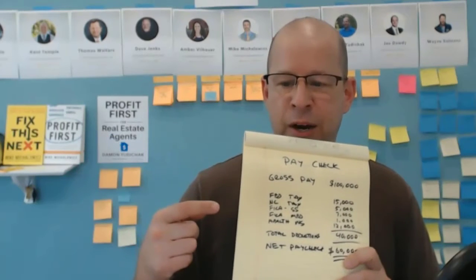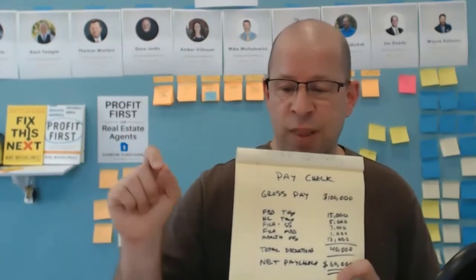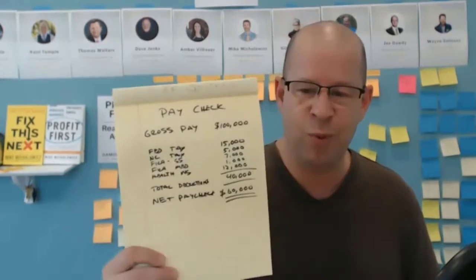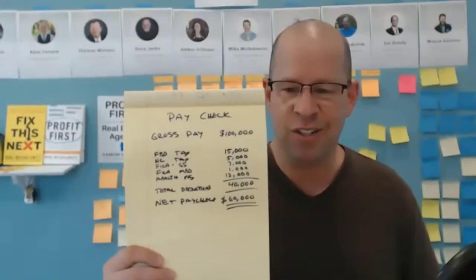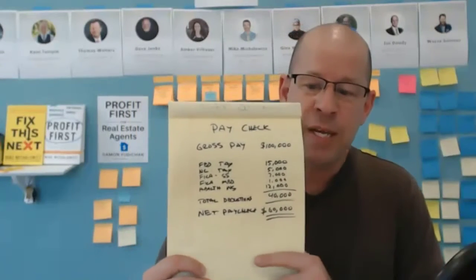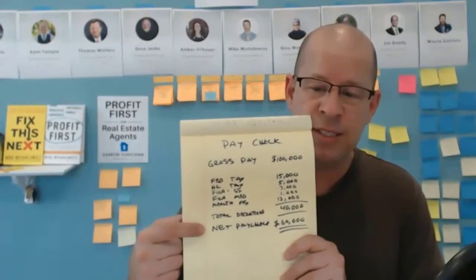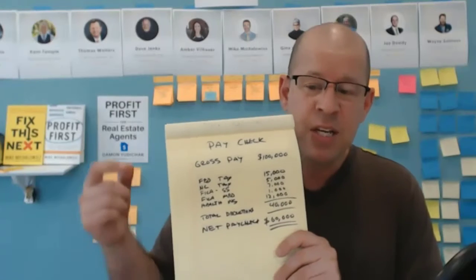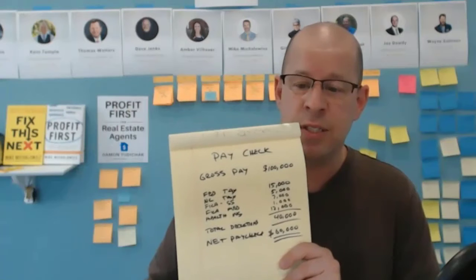Social Security and Medicare tax, 7,000 and 1,000, and then we're going to pay for health insurance so that when we get sick or break our arms or whatever, we can see our doctors. That would be 12,000. Now, if you look at a paycheck, you're going to see total deductions, and in this example, that came to 40,000, and the net paycheck is 60,000. So this 60,000 would be what would be deposited into your bank account.